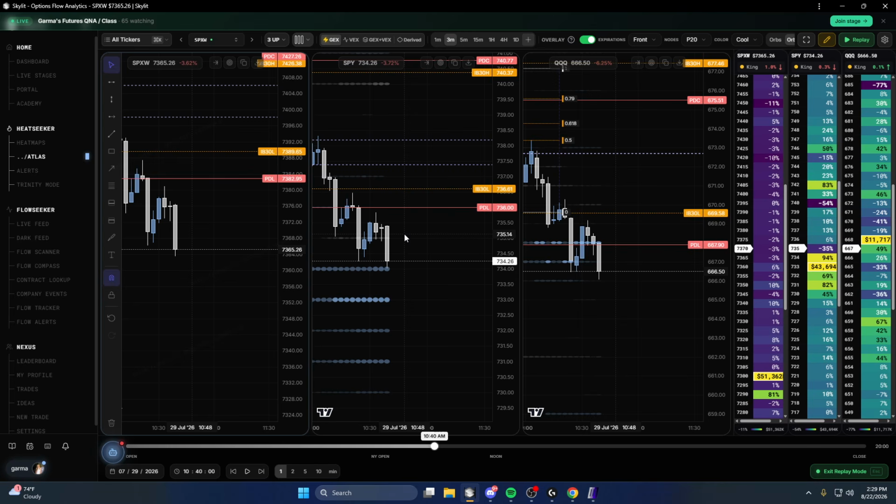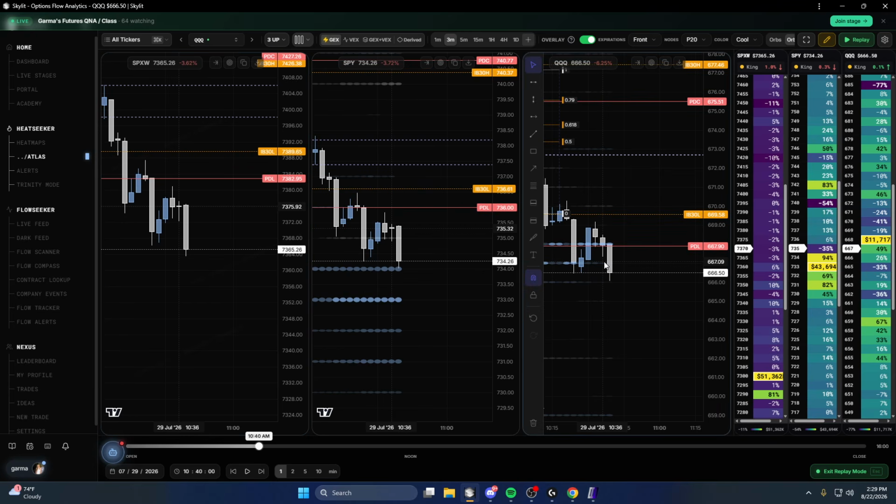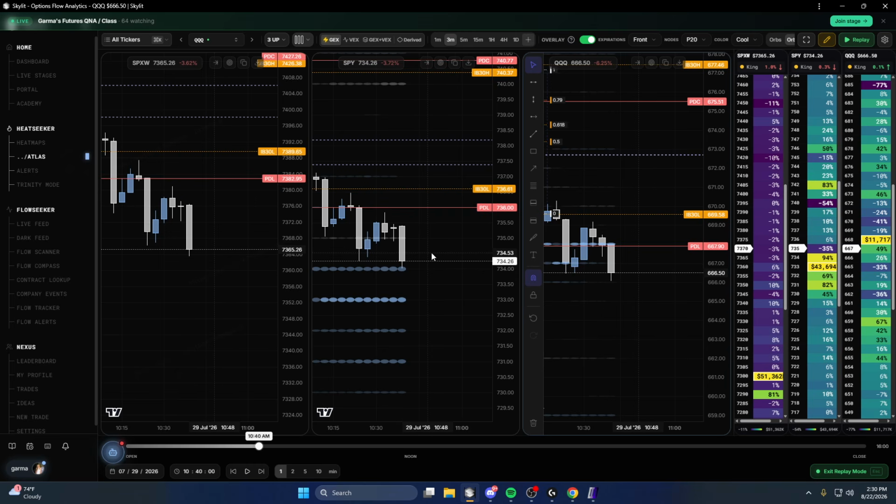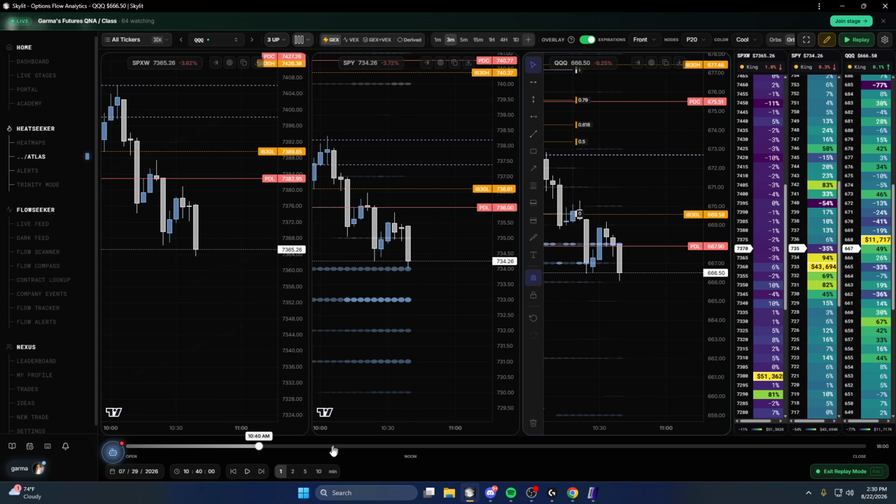We could see the reverse rug off of 734 play out here. I would say this could be an overshoot of the Pika stack on Qs. The only thing is if we start to resist 688, we could probably expect another move down.